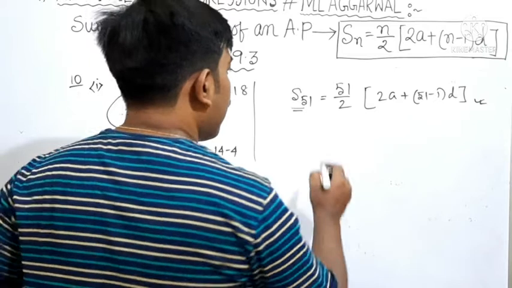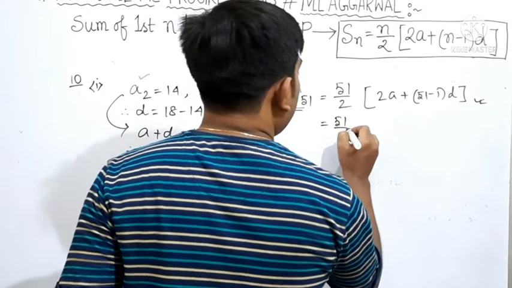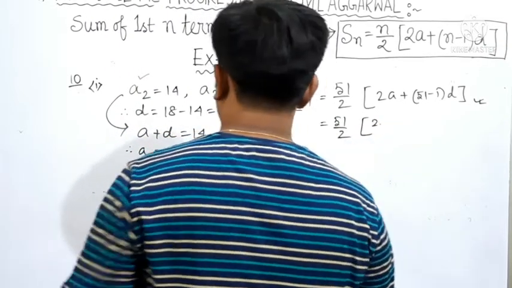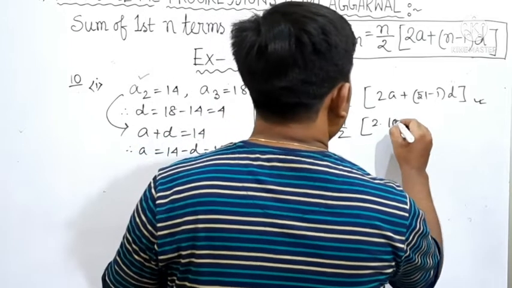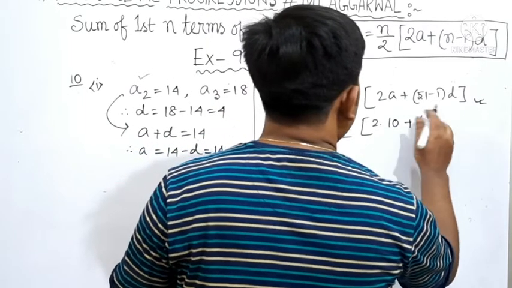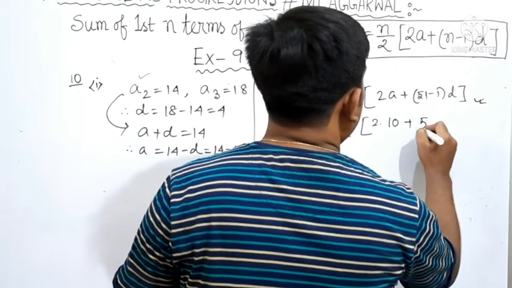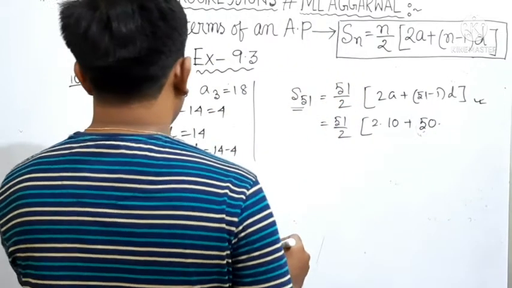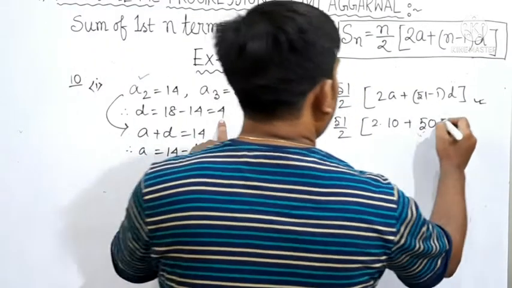Now we will put the values of A and D in this equation. So it will be 51 by 2 into 2 into A, the value of A is 10, plus 51 minus 1, that is 50, into D, the value of D is 4.